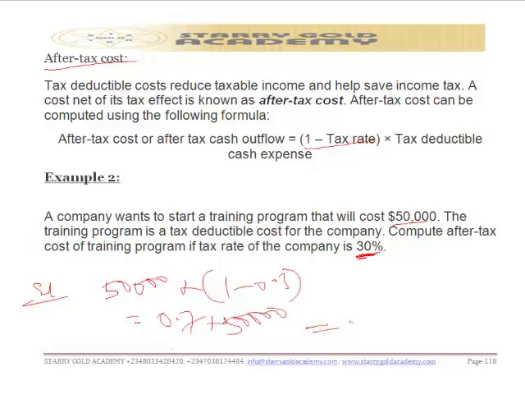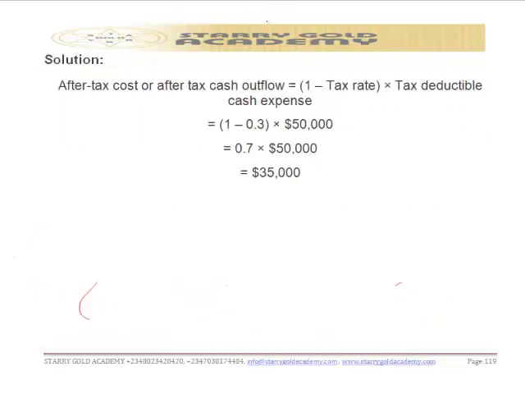So the cost is now 35,000. So that is what the company will pay. So this is it, it's 35,000. So that is how the income tax affects cash flow in capital budgeting.